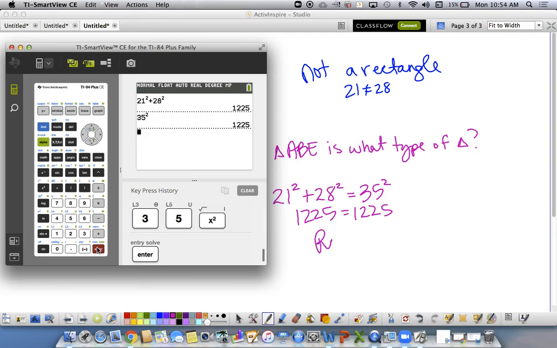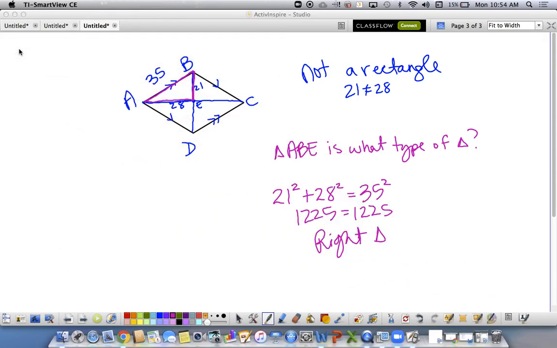It is a right triangle. So what do we know about the angle BEA? We know it is a right angle. We would say it is a rhombus because the angle BEA is a right angle.